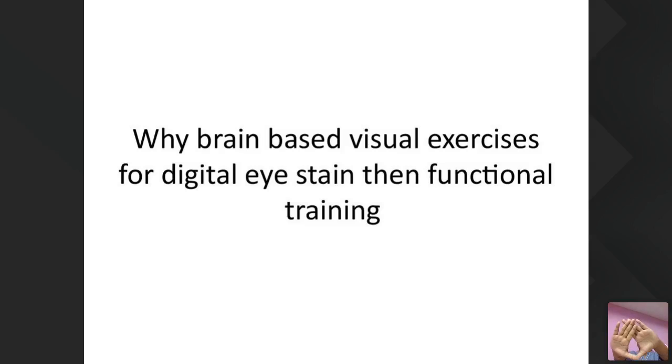So for eye dominance, you keep your hand like this, a triangle. In this triangular gap, you focus on one image at a distance point. Keep both eyes open initially, and look through the triangle.